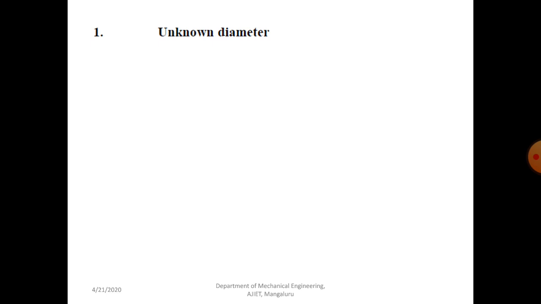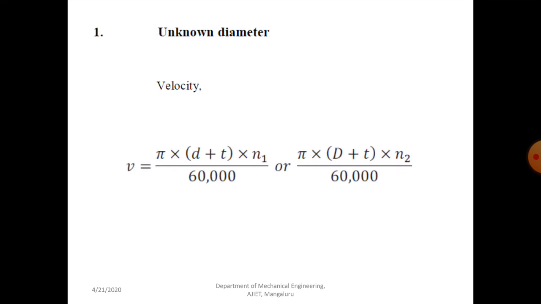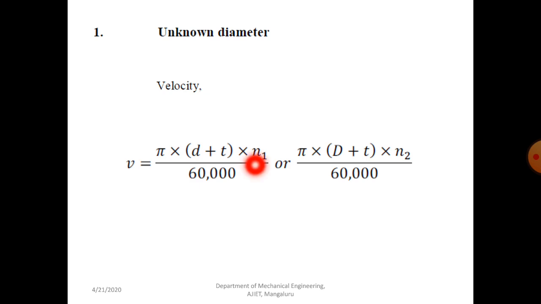Velocity is given by pi into (d plus t) into N1 divided by 60,000, because thickness is also given in terms of a ratio. That's why we have to select this equation. If you consider this equation, this is for the bigger pulley, the larger pulley. You can see here capital letter D, this is the diameter of the larger pulley.